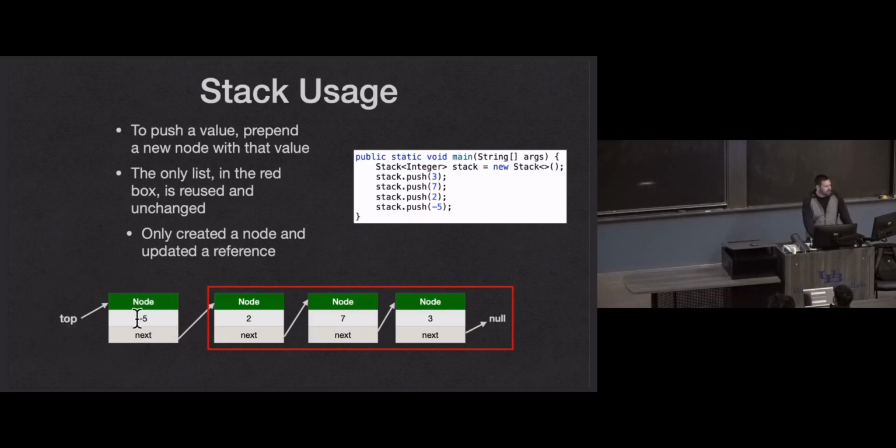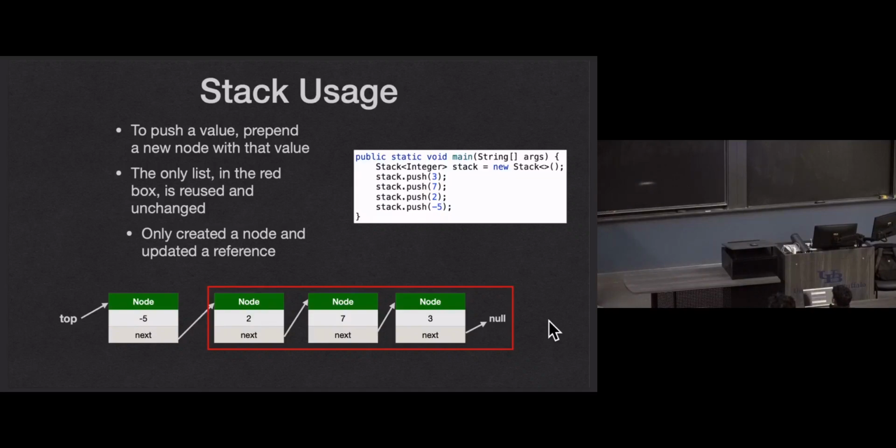We updated the value of top, we created a new node that references the old list. The old list is completely unchanged. So this really says a lot about the versatility of a linked list. We have all these nodes throughout memory, and to modify a linked list, we're just going to modify the references that are stored. Like deleting a node, we just updated a reference to delete that node.